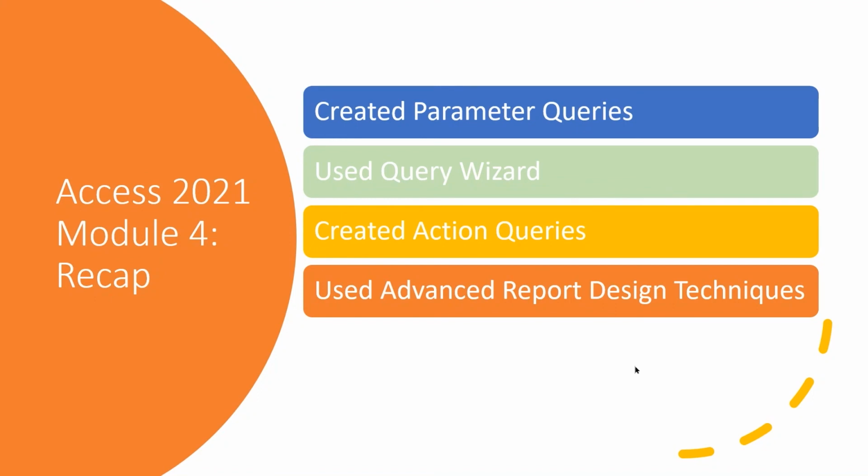We also used the Find Duplicates query wizard and the Find Unmatched query wizard. Then we moved on to creating action queries, which actually impact the table data. And we finished up with using advanced report design techniques by learning how to summarize and group in reports.